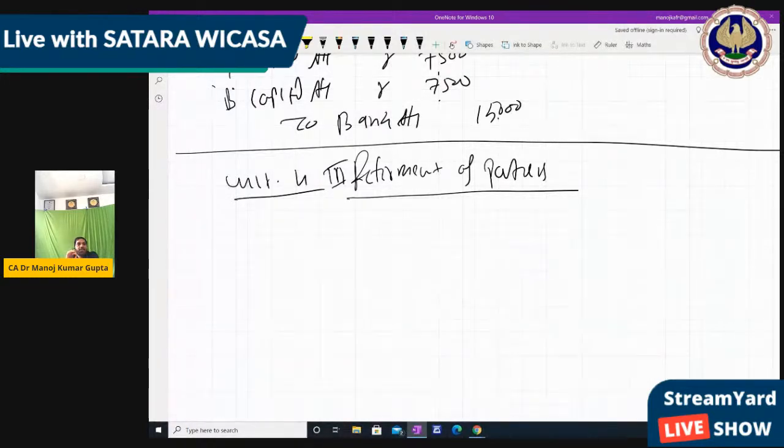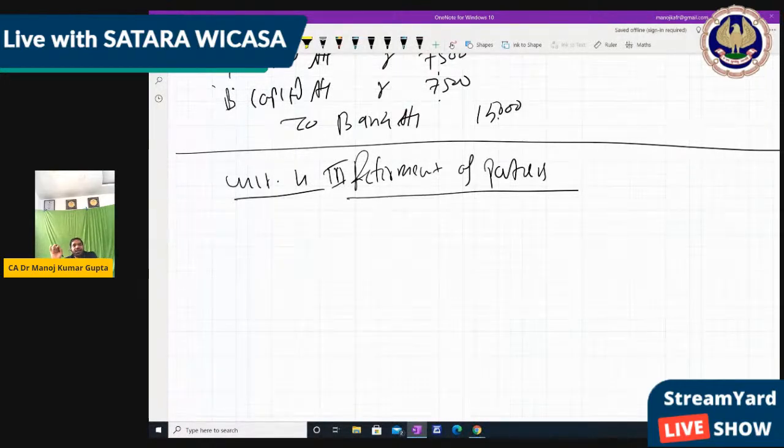Now friends, for that also we have the notes, because the treatment is the same. We have to prepare the revaluation account, the partners' capital accounts, and the balance sheet. That's why we just read the notes, as we have not read the admission part and the goodwill part yet. So we start reading the notes from the beginning, from admission until retirement, because in retirement nothing is special.